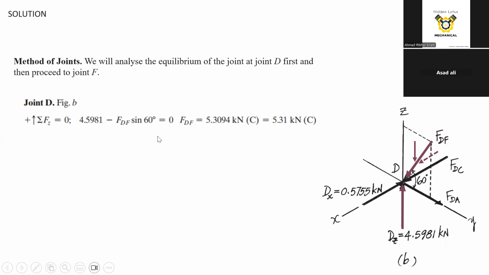As this equation is in equilibrium, it is equal to 0. So we can find the force in member DF, which is 5.31 kilonewtons. And you see we get a negative answer, so this member is in compression. So you can also put a negative sign with your answer.